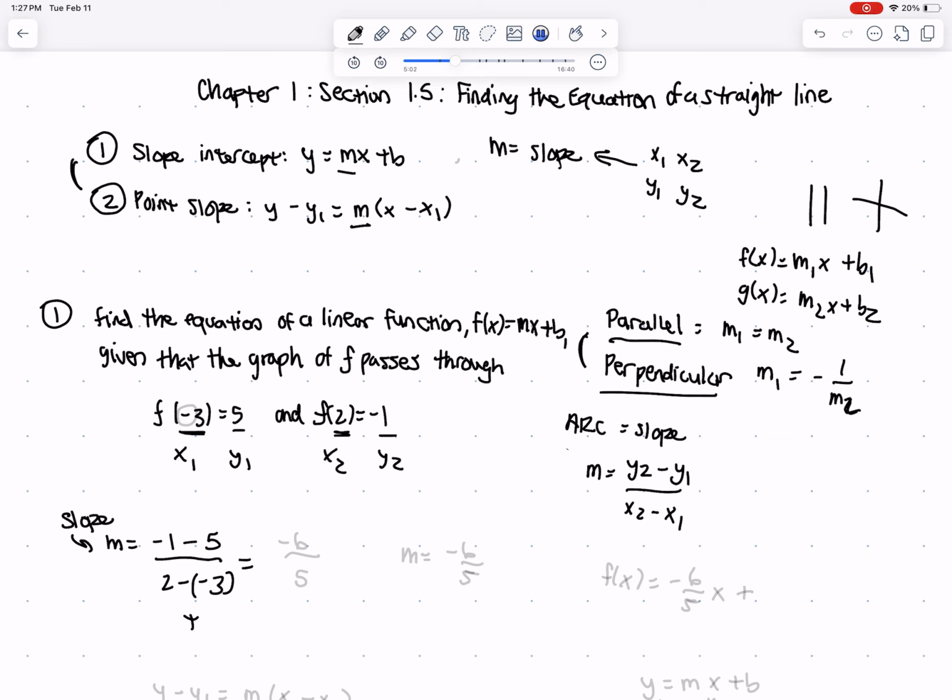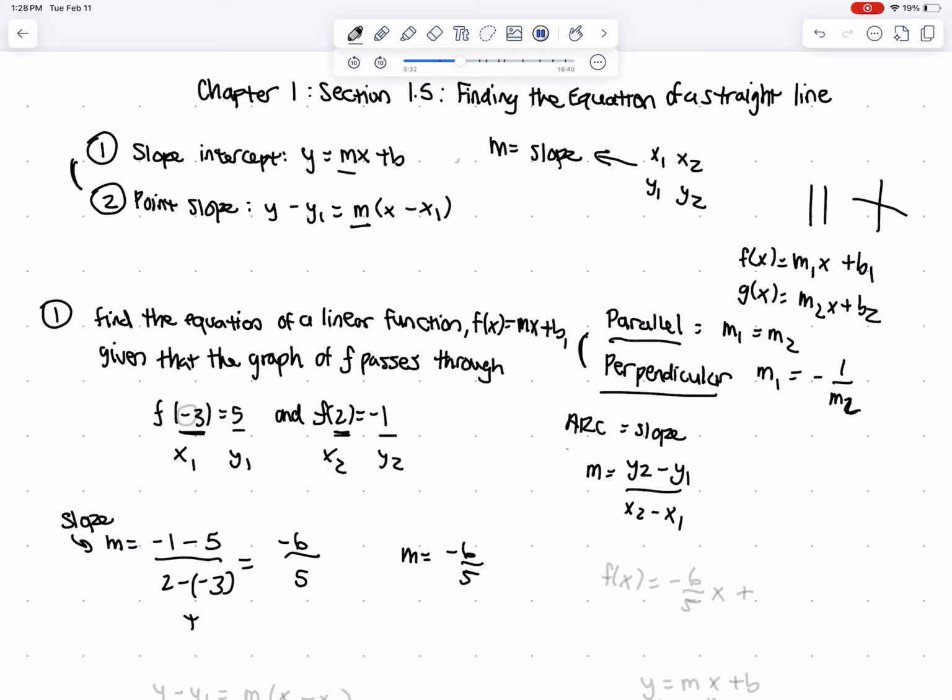The negatives will cancel out, and then what's left behind is the positive. Now we just do the math for it. So -1 minus 5 gives me -6. And then 2 plus 3, well, we already know that's 5. Now we know that our slope is -6/5.